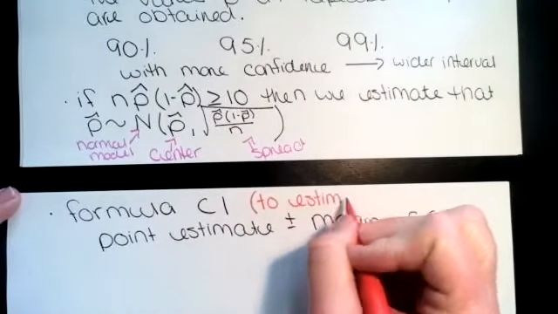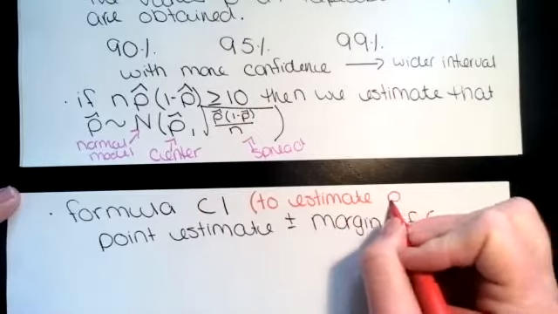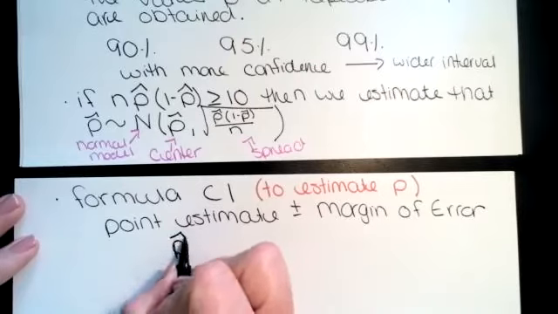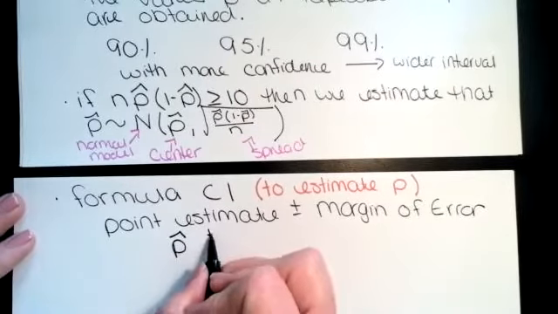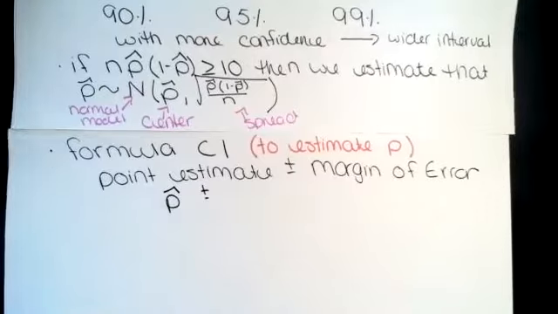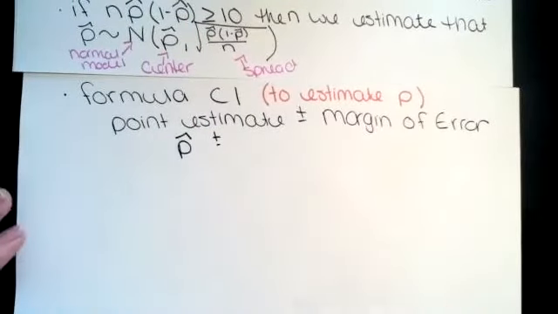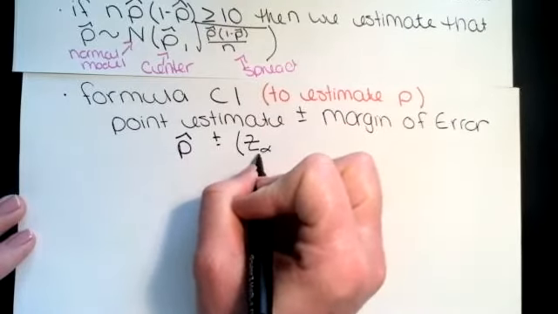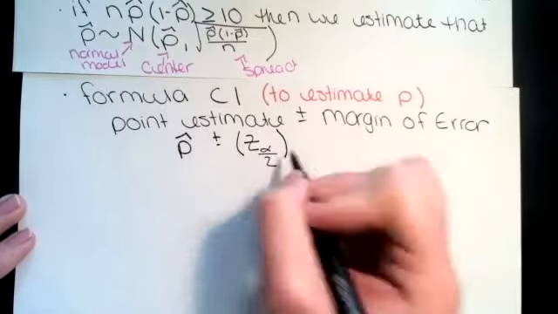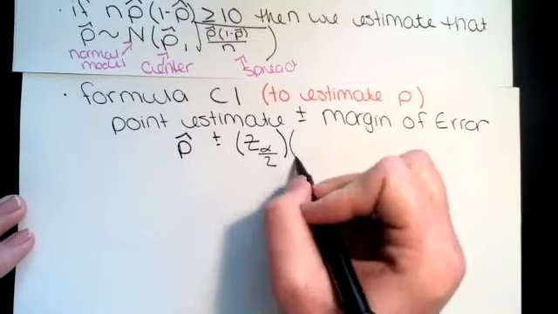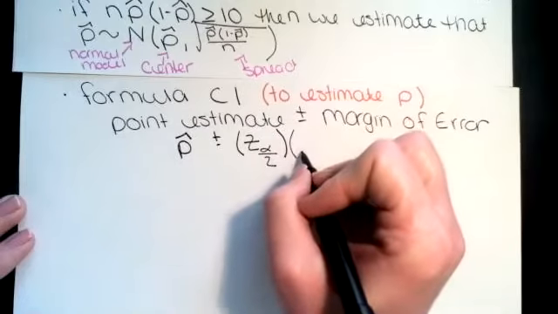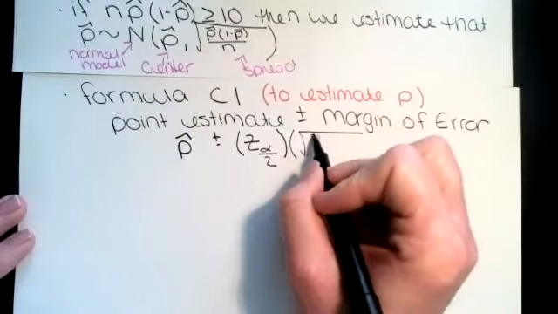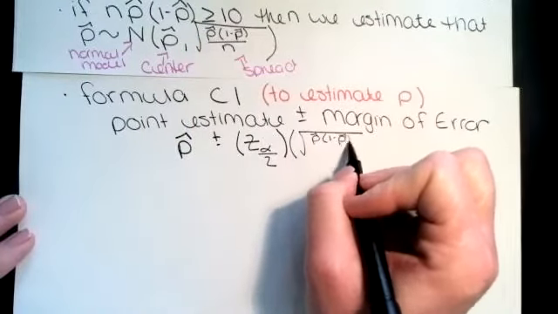We're going to estimate our population proportion, P. Then we use p hat for our point estimate, plus or minus our margin of error, which is made up of two numbers: our Z at alpha divided by 2, and I'll need to go over that because there's a lot to say about that, times my standard error. And that's my spread right here, the square root of p hat times 1 minus p hat over n.